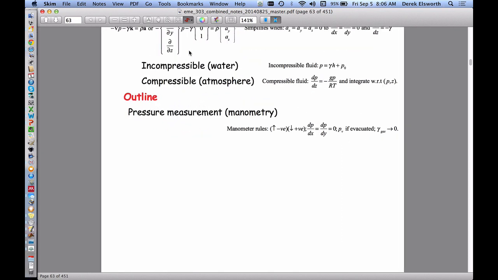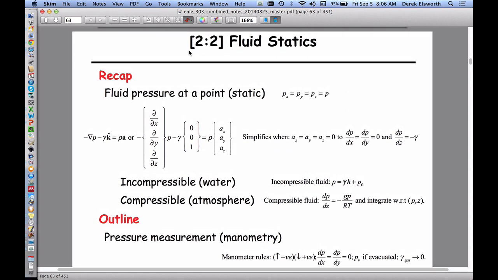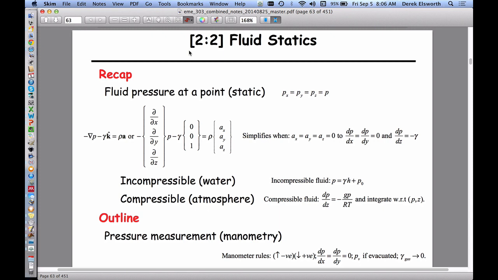All right. So this is our plan for today. To recap exactly what we talked about last time, and then take it the next step. So the summary from last time, as you remember, we went through some derivations. The basic outcomes, I think, were that pressures at a point are the same in all directions, and so we can define them just by a magnitude P, a scalar value.